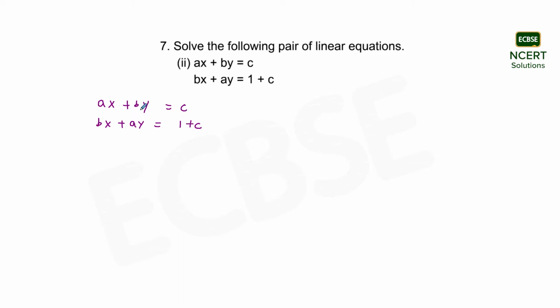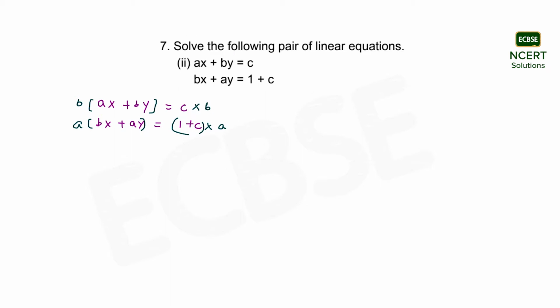Now suppose I am focusing on the variable x. In order to make their coefficients the same, so that I can apply the elimination method over these linear equations, I'll be multiplying the first equation both sides with the constant b, and the second equation both sides with a constant, say a.